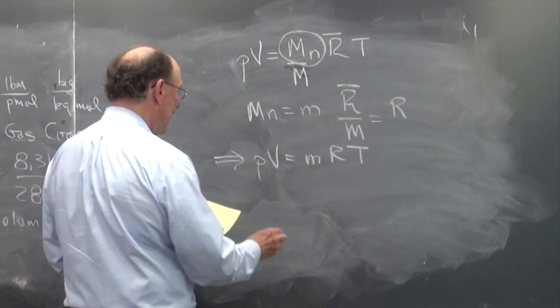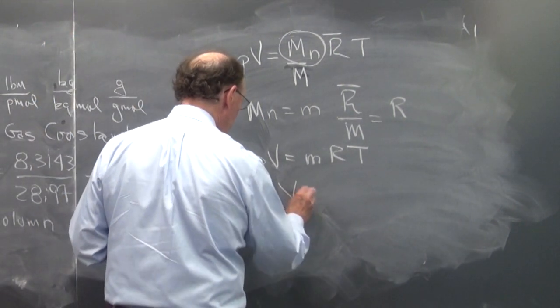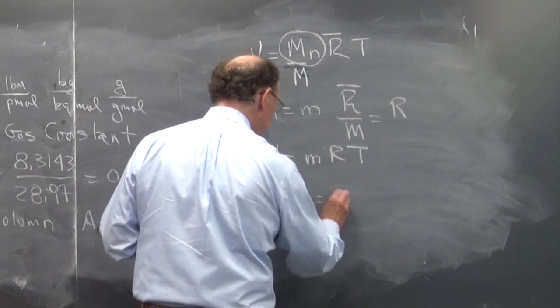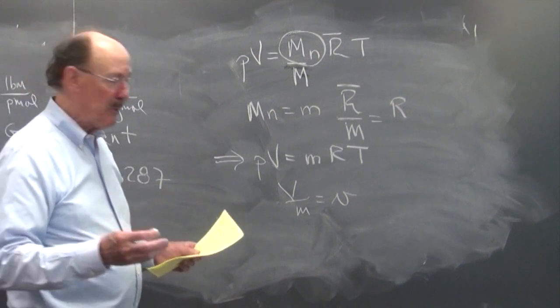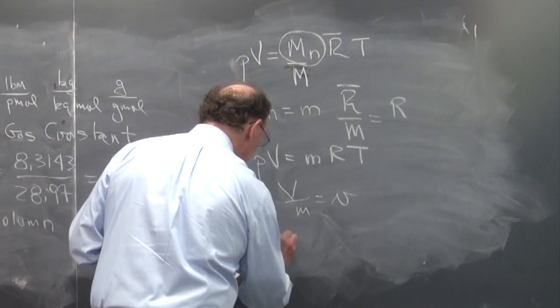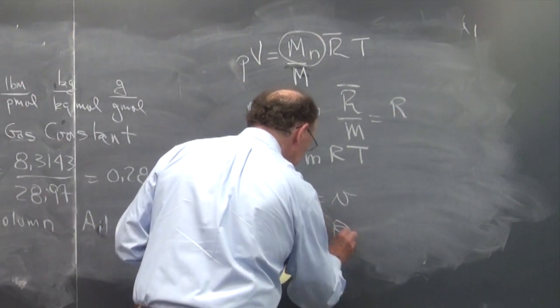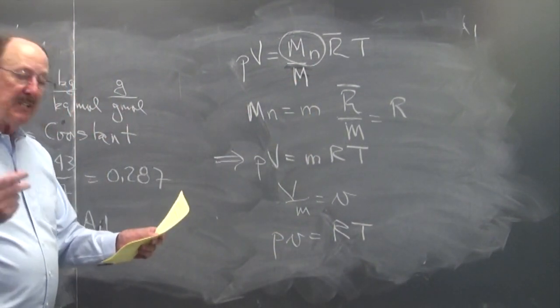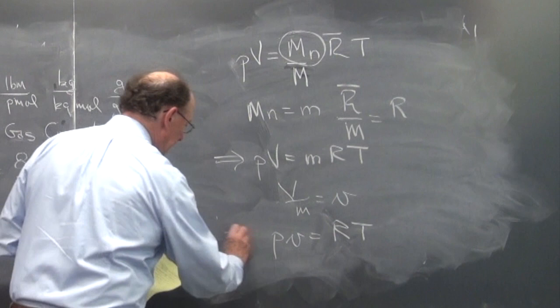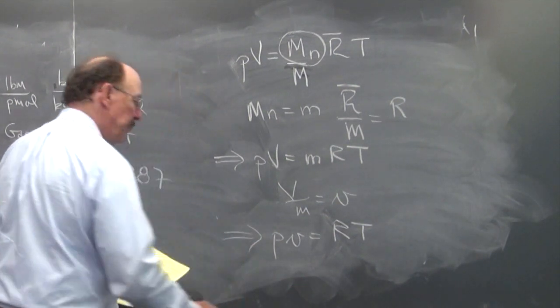If I divide by m, so I have V over m is equal to the specific volume, so I can write this on an intensive property basis, and I could have that Pv equals RT. And this is handy to have as well, so pay attention.